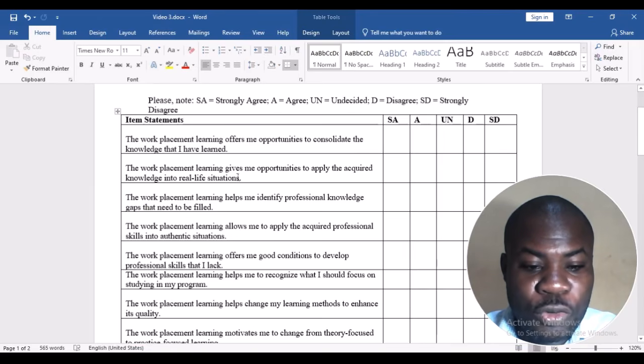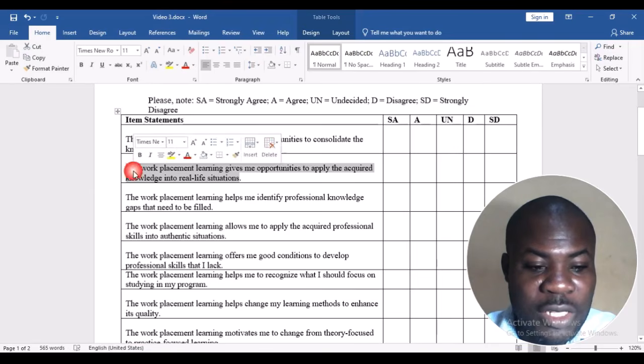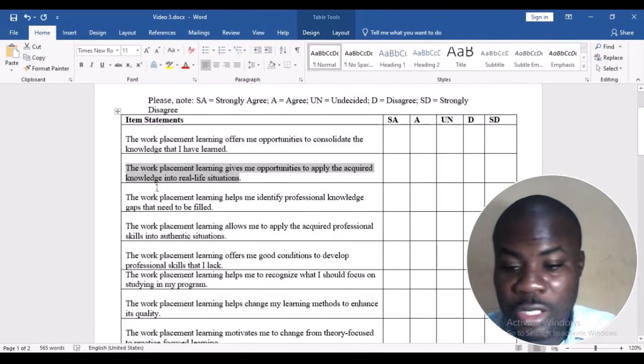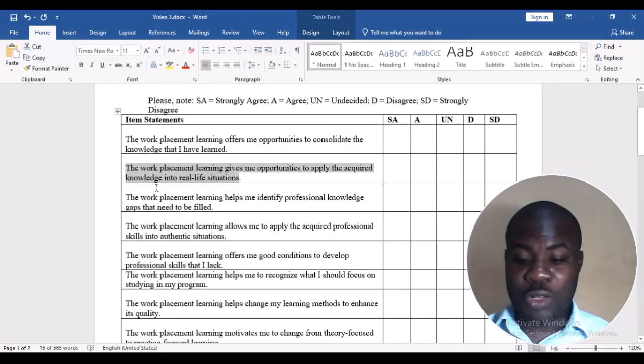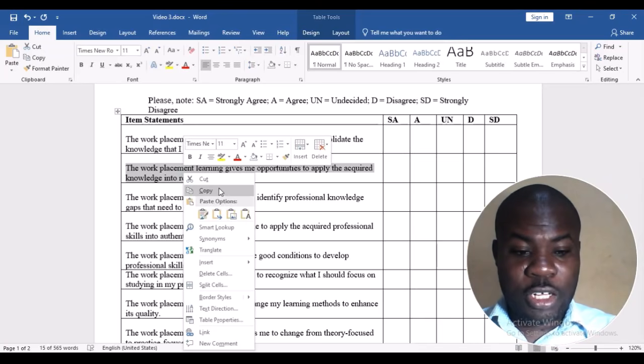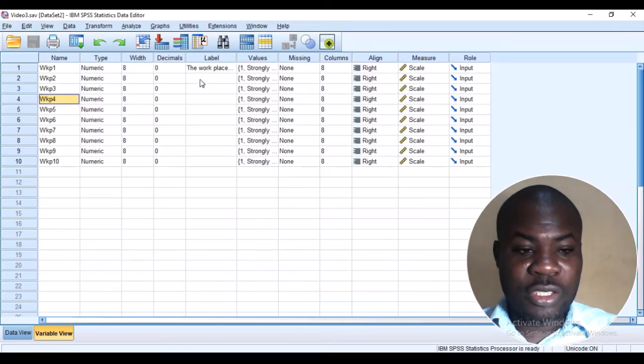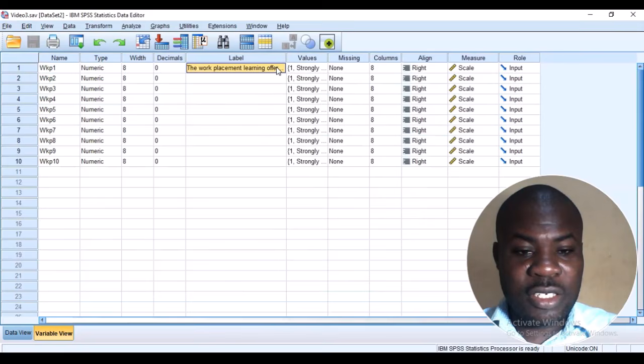So if you want to number them, if you want to label what you have coded, you can actually copy this out and then come to the label. So this is a label. For example, this is the first one here, the item statement.